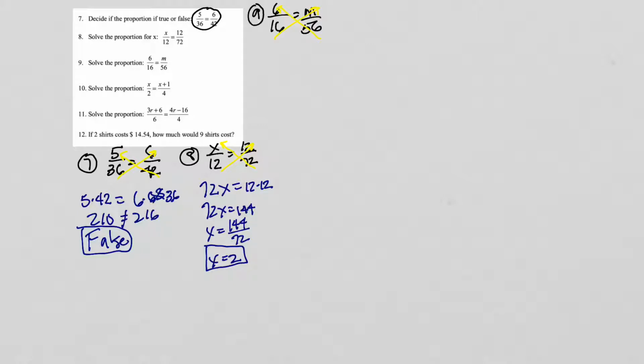So doing that will give us 6 times 56 equals 16m, and 6 times 56 is 336. That's equal to 16m. So 336 divided by the 16, that will give us m, and m turns out to be 21.